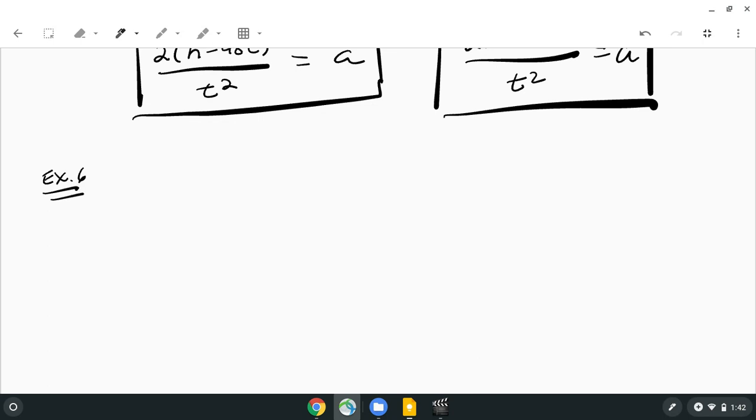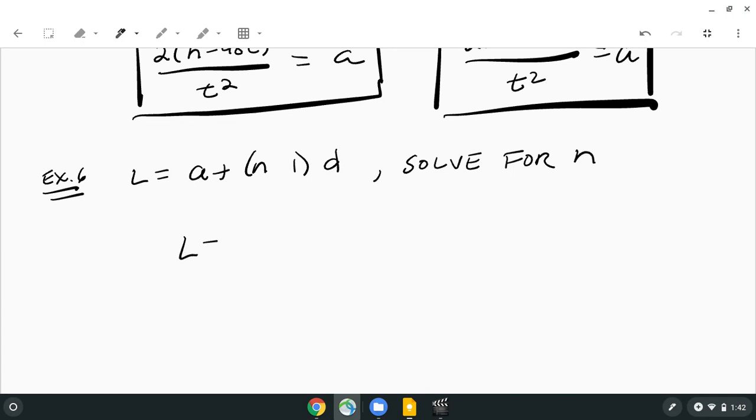So here's your formula: L equals A plus n minus 1 times D. Solve for n. Okay, so I'm going to bring this down. That's supposed to be n minus 1. There it goes.